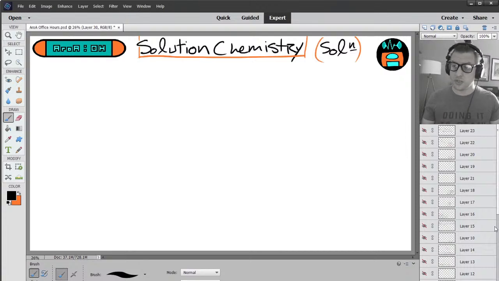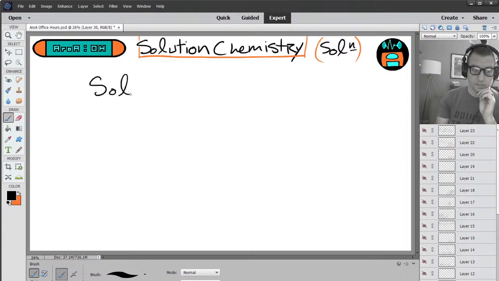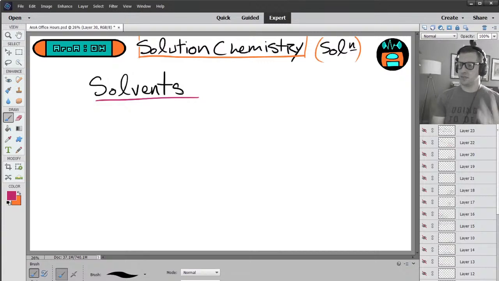Because when I say the word solution, you think wet automatically, and it's not always the case. There are two phases of matter that can serve as solvents. You're like, whoa, I thought it was liquid. Well, it is. That's one of the two, but there's another one that can also be a solvent, and that is the gas phase.